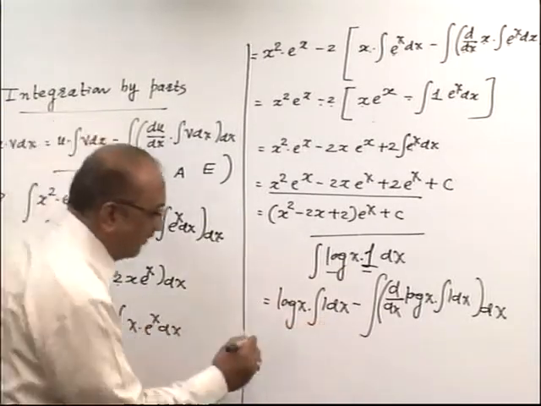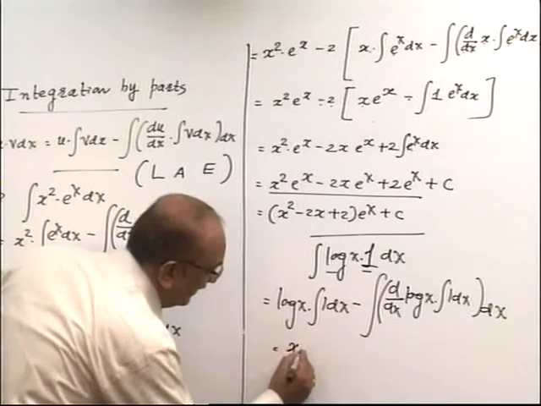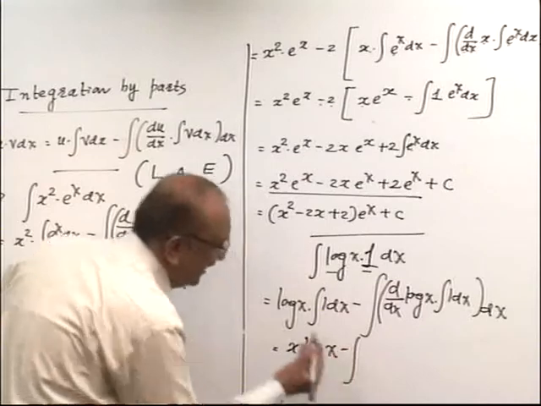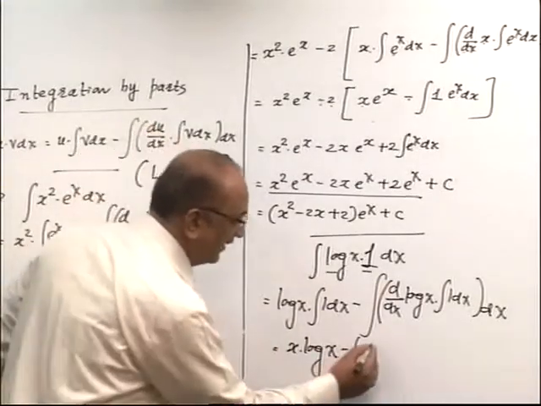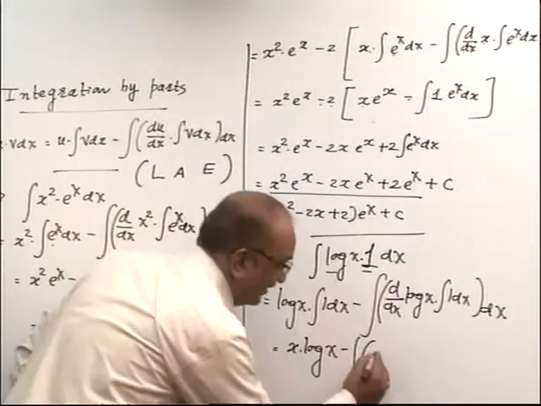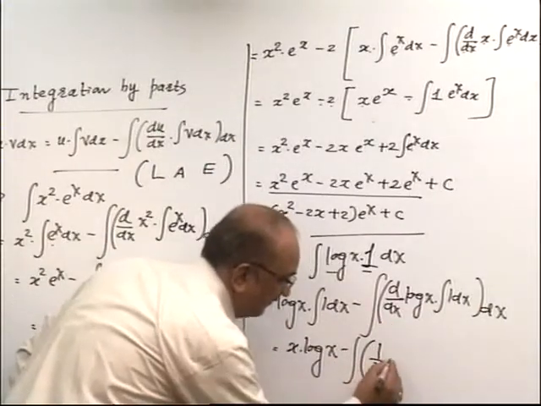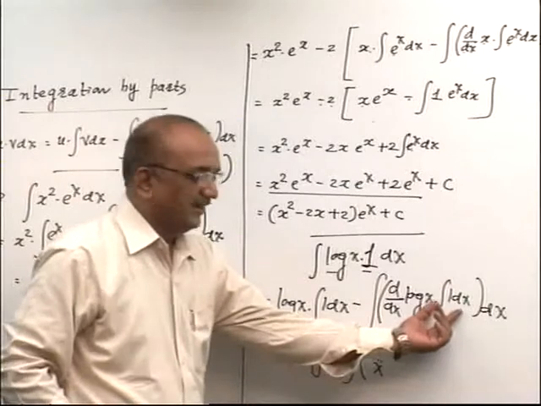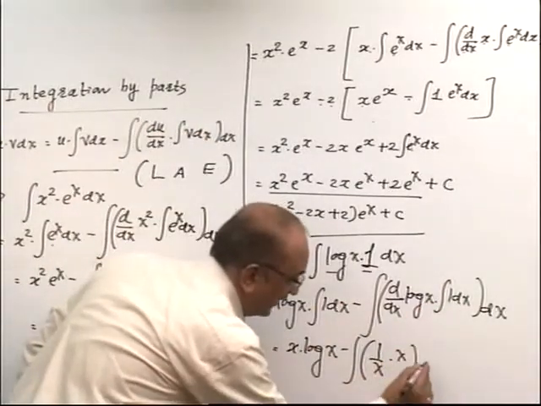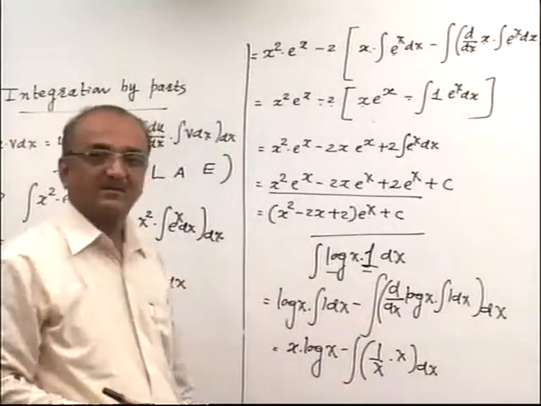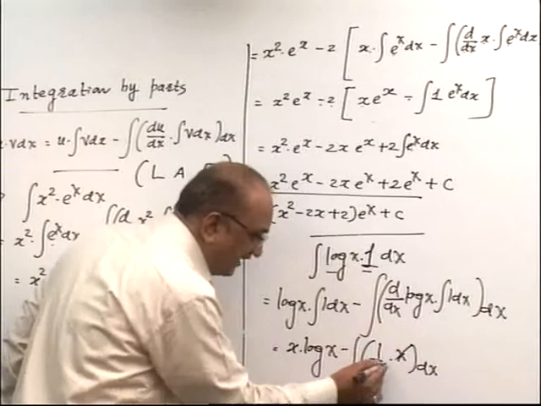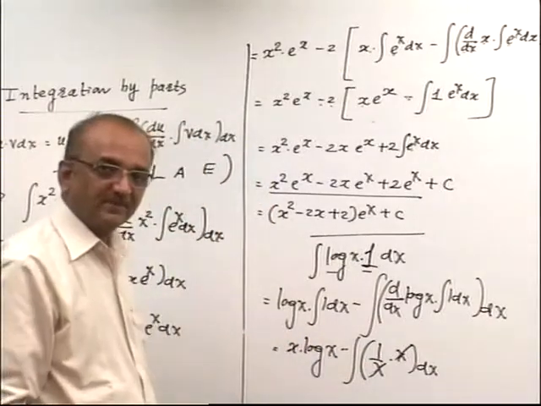Then you may write, this first step is x into log x, minus integration of the derivative of log x, which is 1 upon x, into integration of 1, which is x, dx. Right. Now what we got finally, this x will be cancelled. Clear?